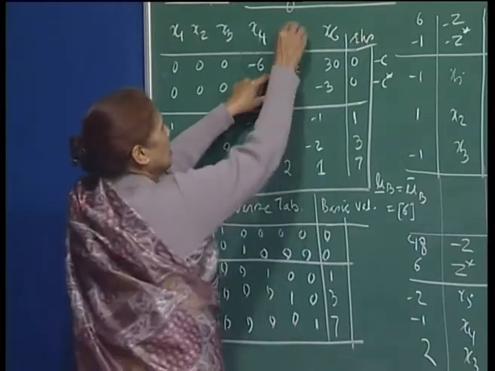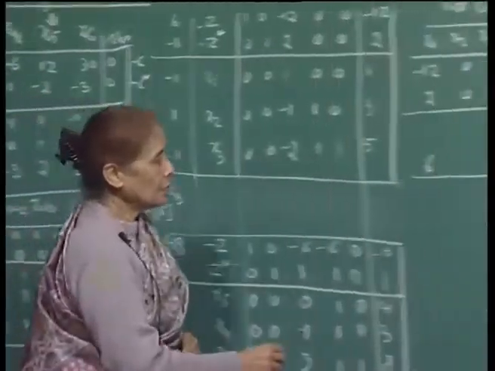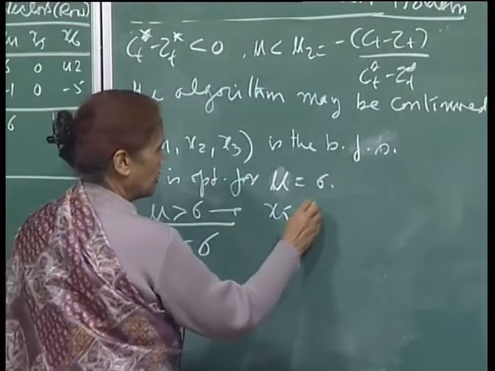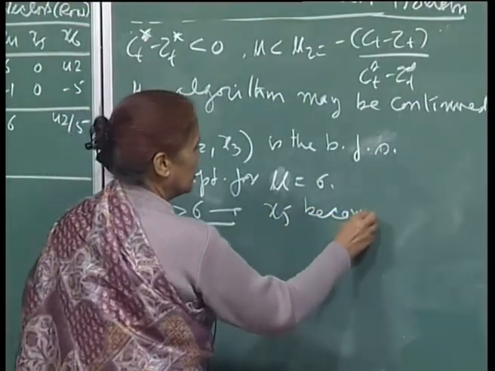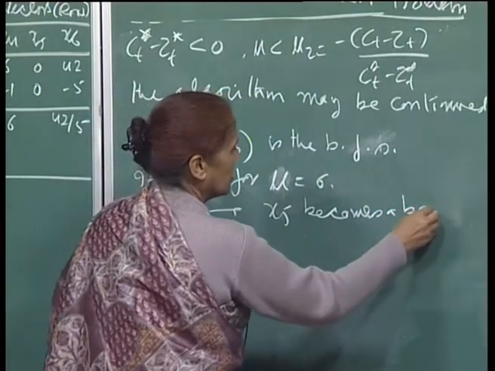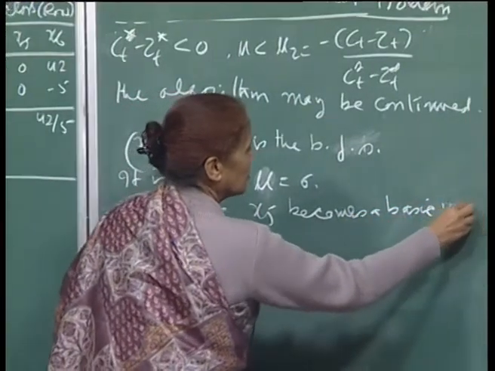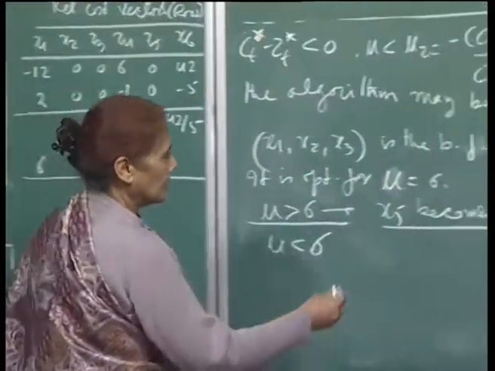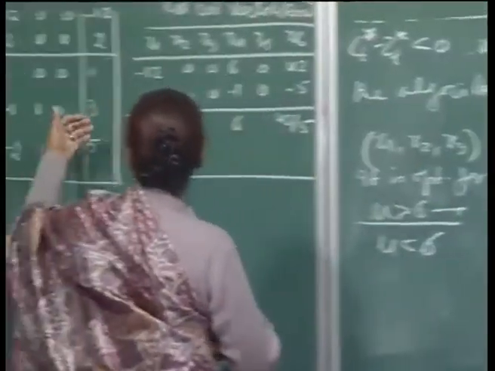So, for mu greater than 6, x5 becomes a basic variable.